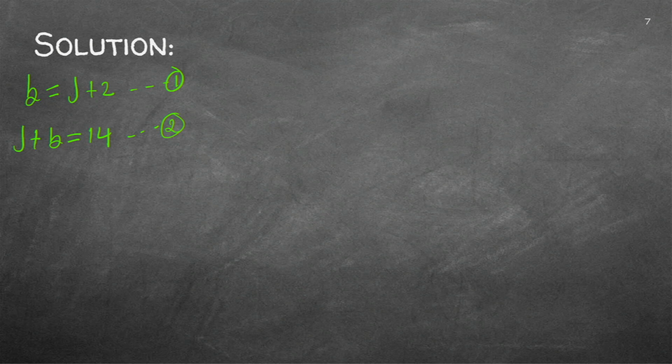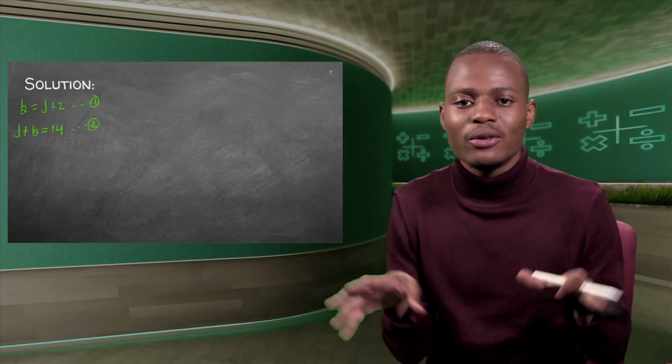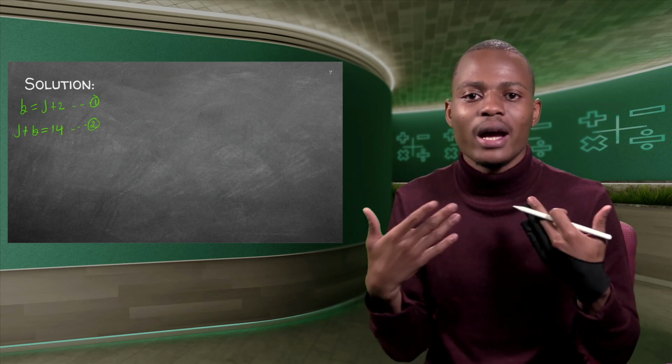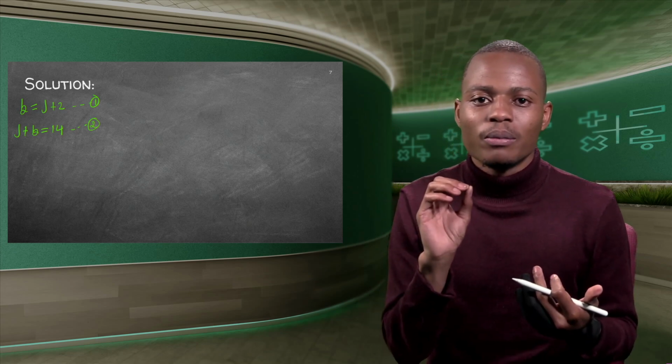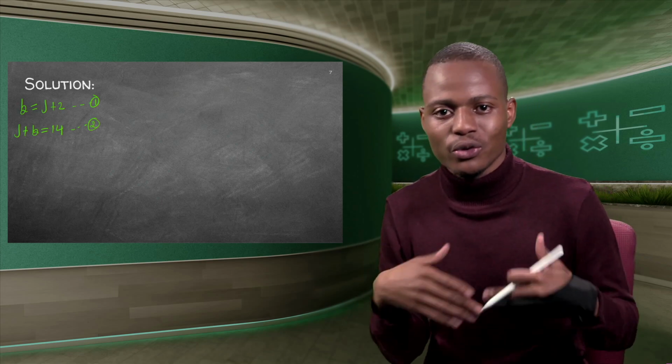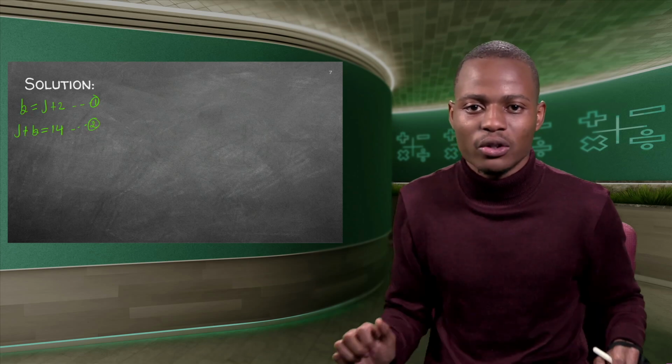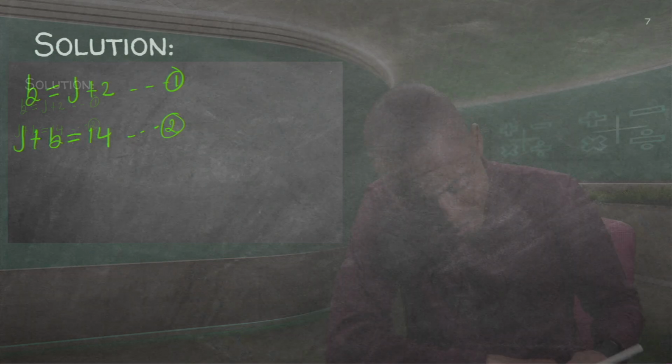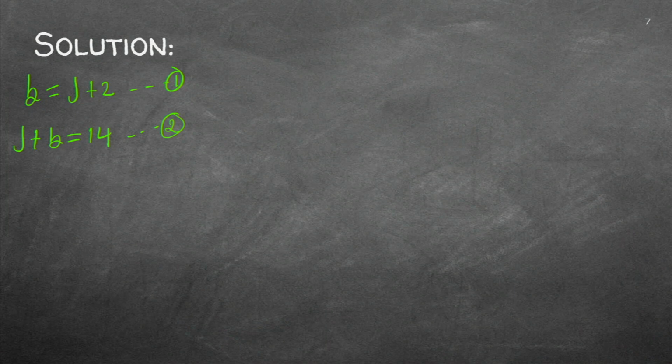The reason why we always create equation number 3 is because we're trying to make values the subject of the formula. And lucky for us, Bongani's mark, you just simply add what Jane got plus 2. So we already have B as the subject of the formula. So simply, just say substitute equation number 1 into equation number 2.